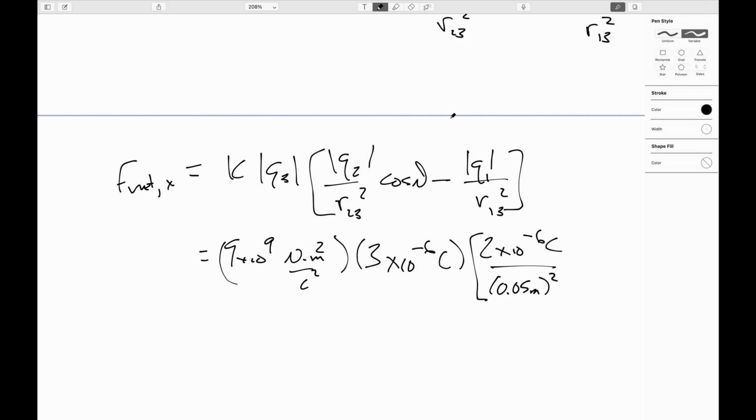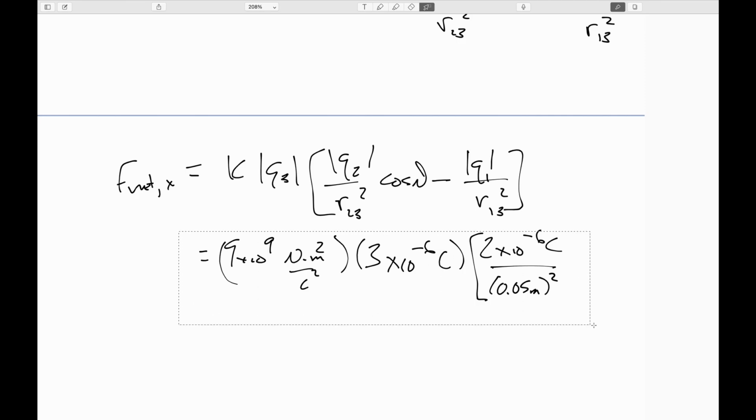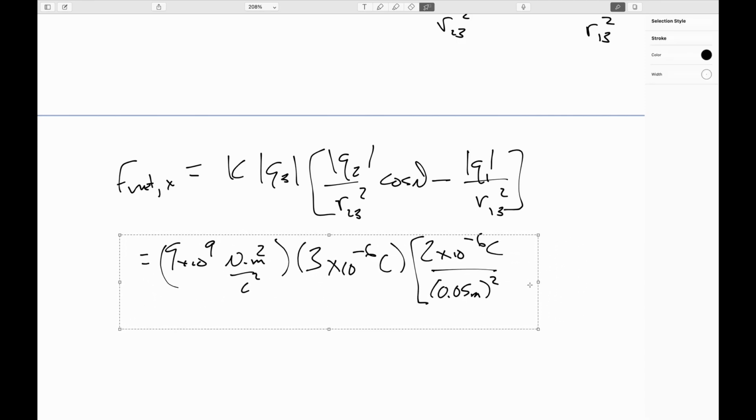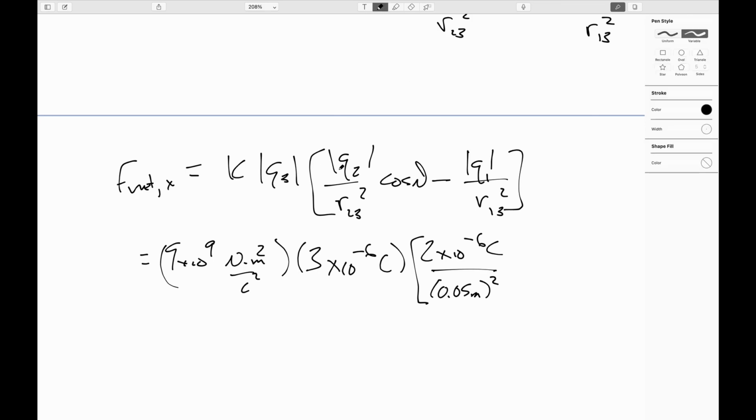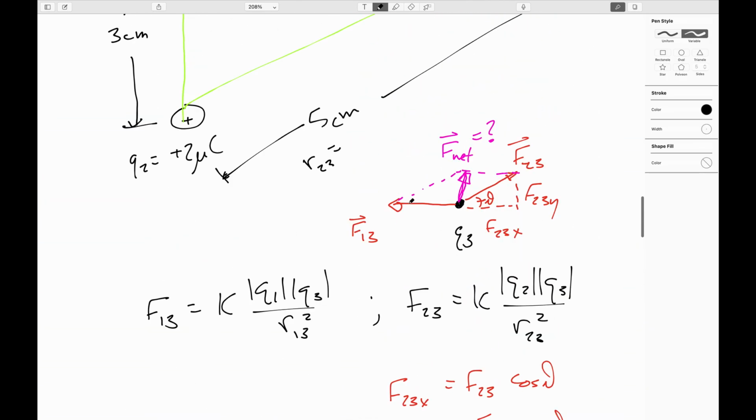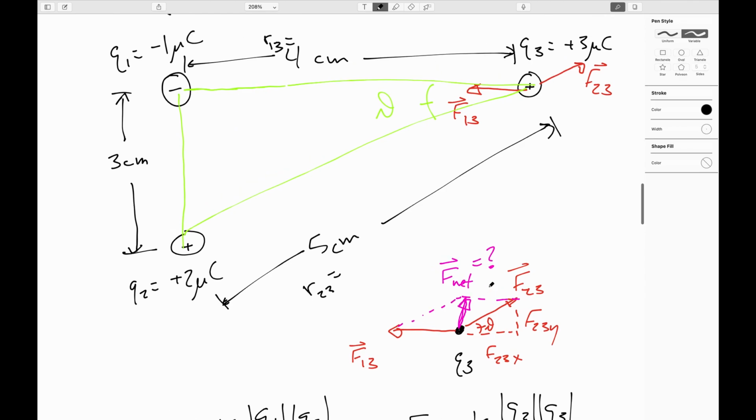squared. I'm going to have to cheat a little bit here because I'm running out of space. Now for this cosine theta, we worked out that this angle theta here is also this angle theta here. So the cosine is, by SOHCAHTOA, the adjacent over the hypotenuse.